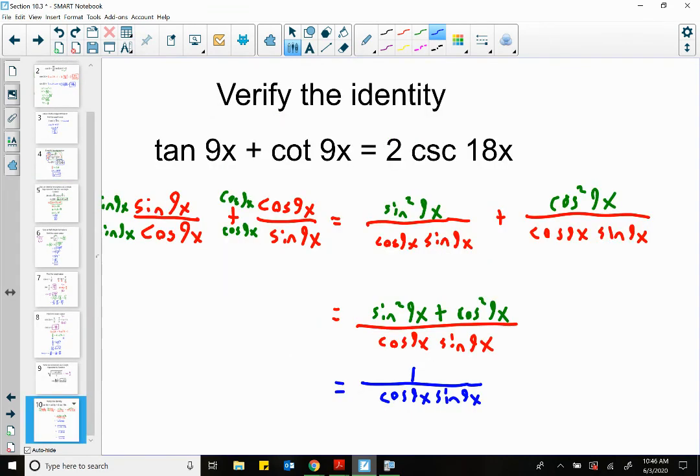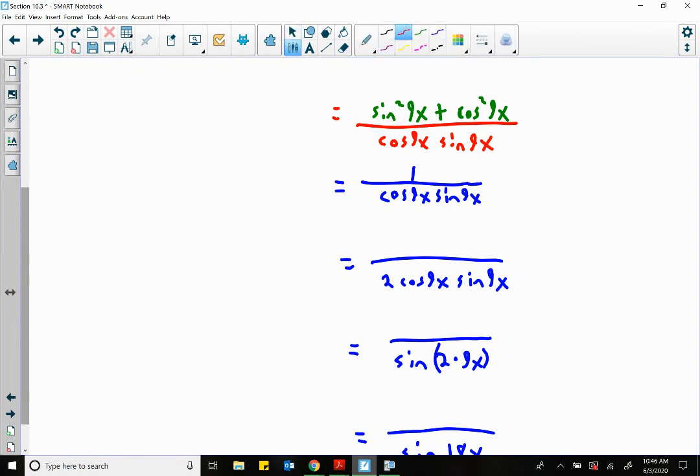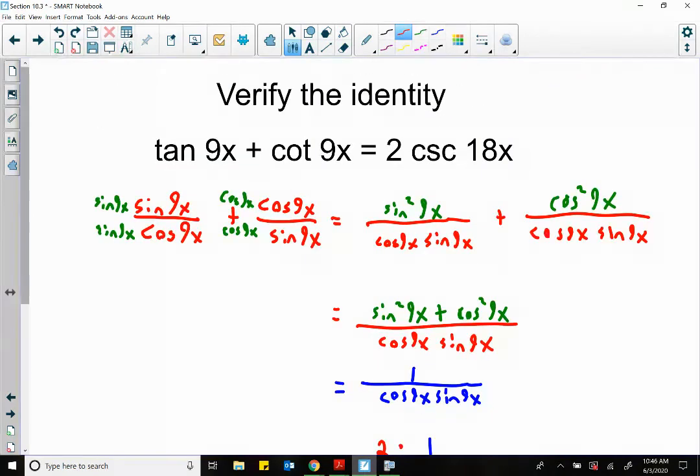So if I want to force this 2 down here in the bottom, that means I need to take this numerator and also multiply it by 2. Because 2 over 2 is 1. So that gives me 2 times 1 is 2. Oh, I need that 2 in the numerator.